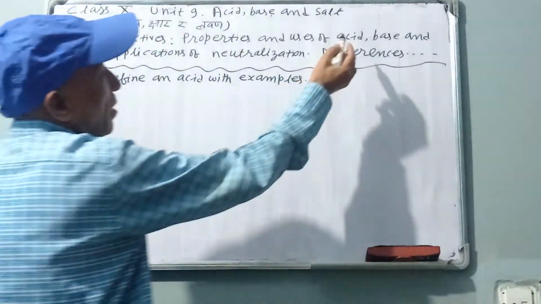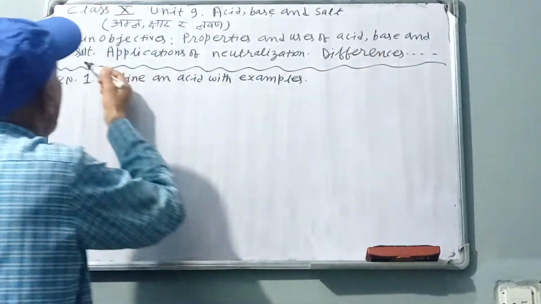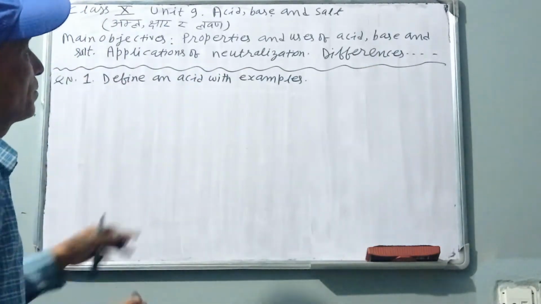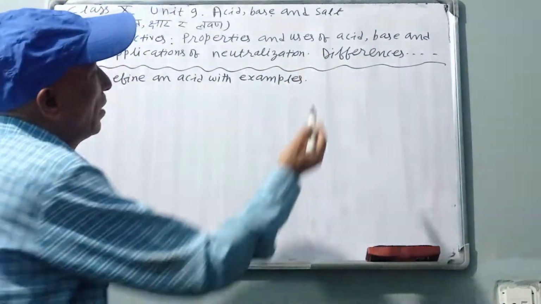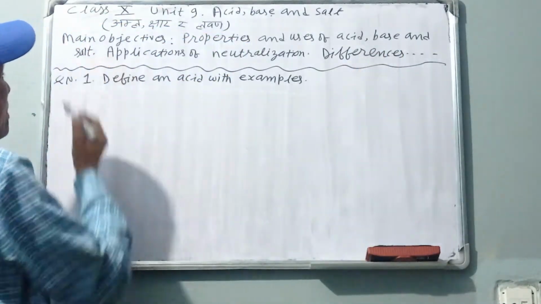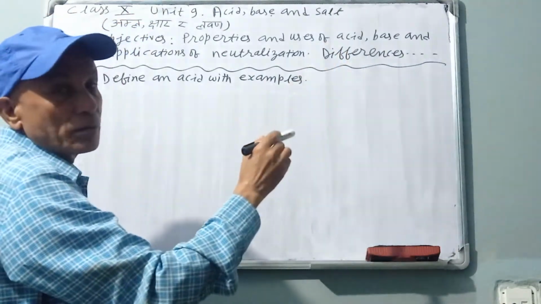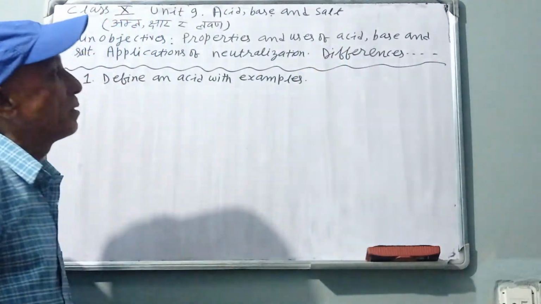Differences between acid and base, and alkali: base, alkali, acid, base. Another main aim of this lesson is different types of acids, different types of bases, and different types of salt. For example, when we say acid, amla, from acidus, a Latin word, different types of acids are there.